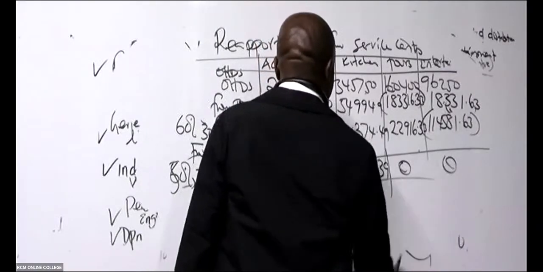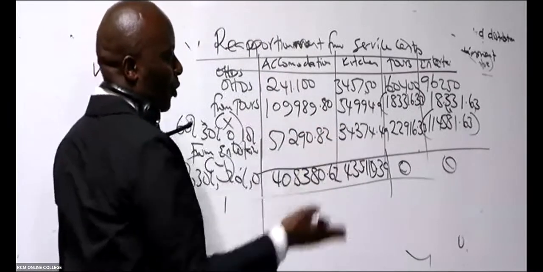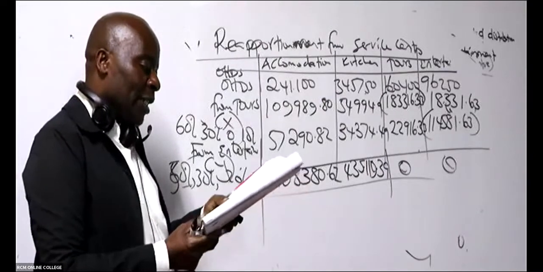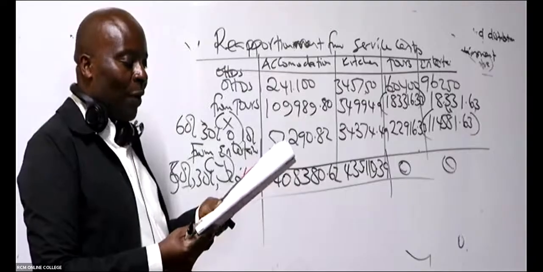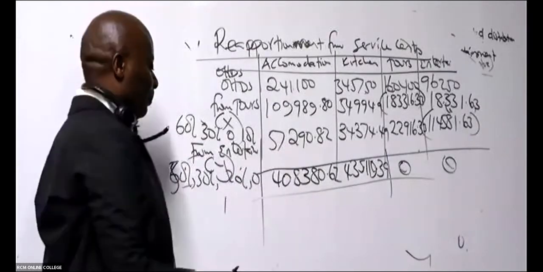Thank you so much. Now, with your permission, of course, the others are 0. If you confirm the others are 0. Now, you can see the last part. They want us to calculate the appropriate overhead absorption rates for accommodation and the kitchen.